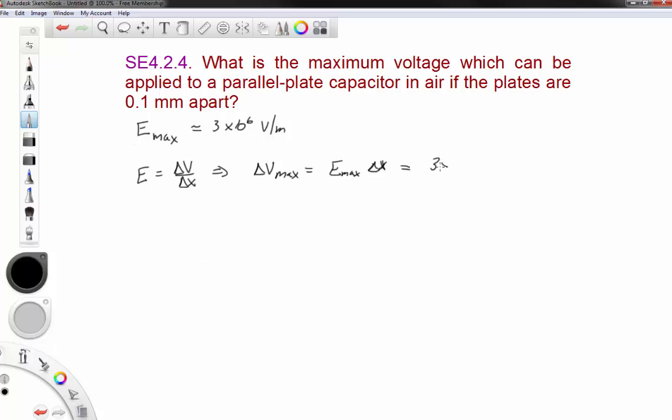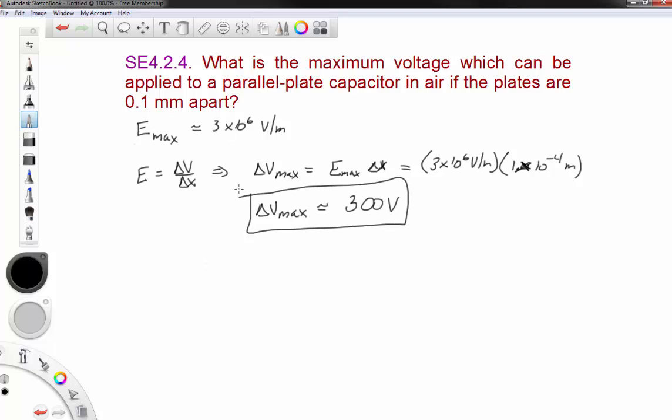So this is 3 times 10 to the 6th volts per meter times 0.1 millimeter, which is the same as 1 times 10 to the minus 4 meters. And so this means that the maximum voltage that we can put on this thing is actually about 300 volts. And if we exceed that, then dielectric breakdown will begin to occur in the air.